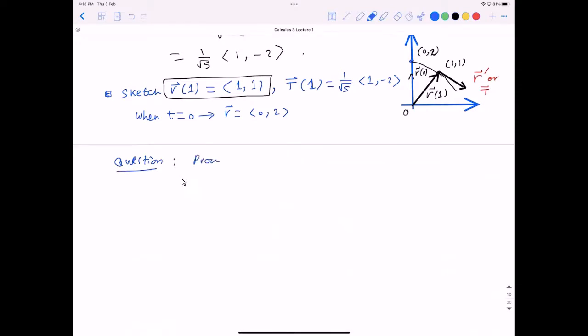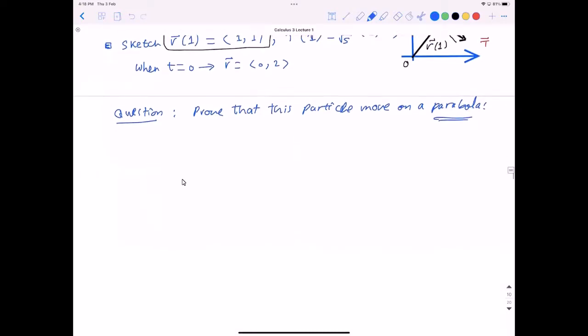So question. Prove that this particle moves on a parabola. What is the parabola? Can someone of you remind us what the parabola is?